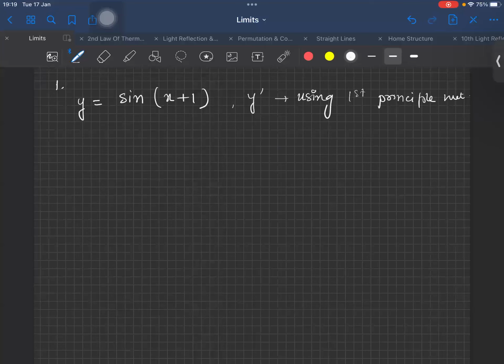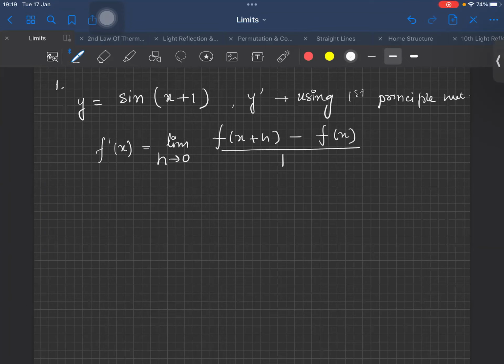What is first principle method? So you have to find f dash of x. That will be limit h tends to 0, f of x plus h minus f of x upon h, right? This is the first principle, no?